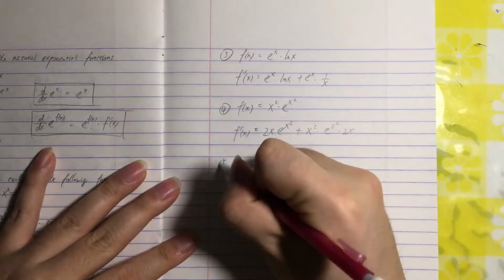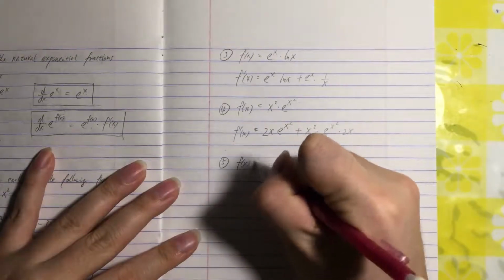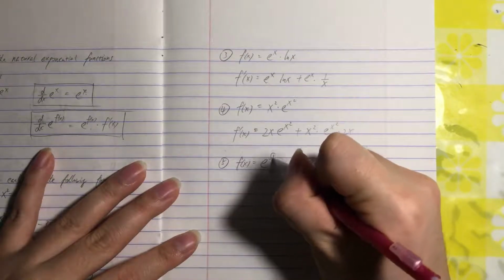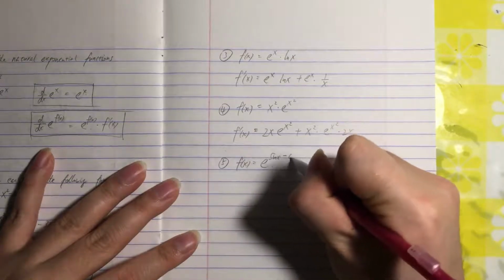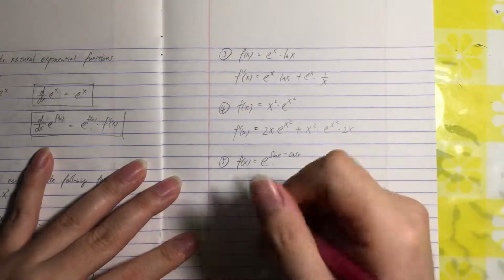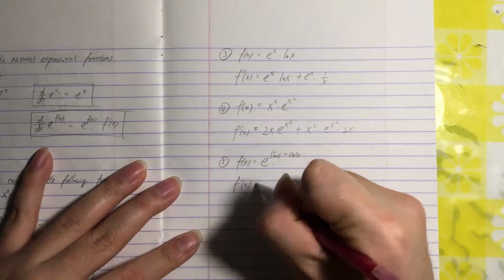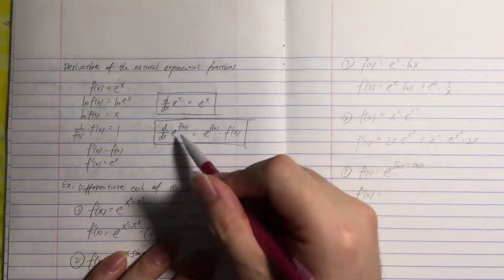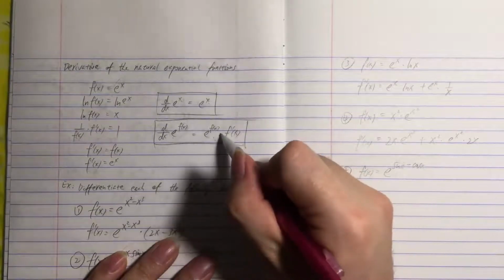Next example, f of x equal to e to the power of sine x minus cosine x. How can we take derivative for this function? According to the formula, we have e to some function here. When we take derivative, copy the function first, then times the derivative of the exponent.